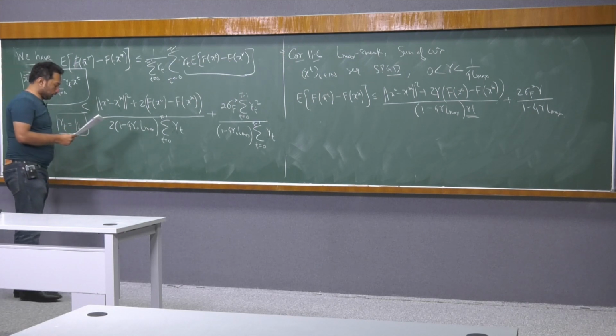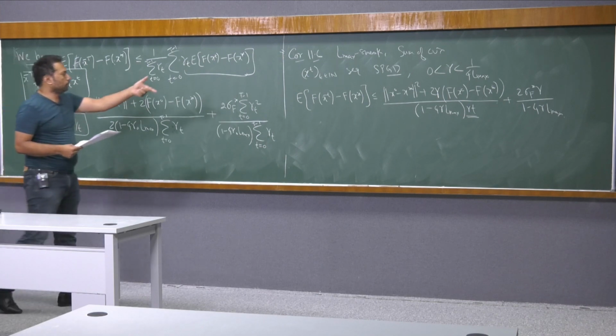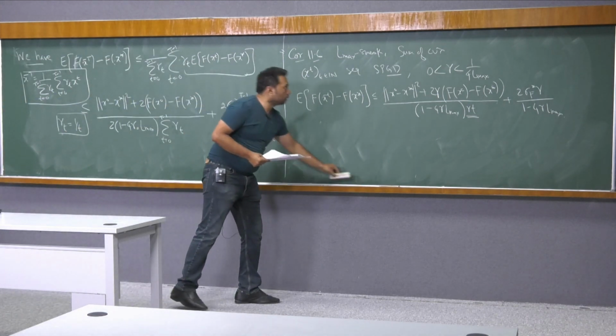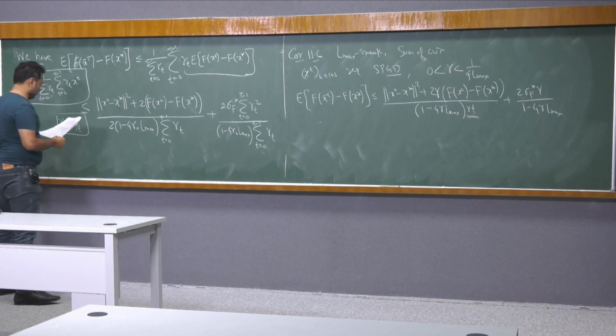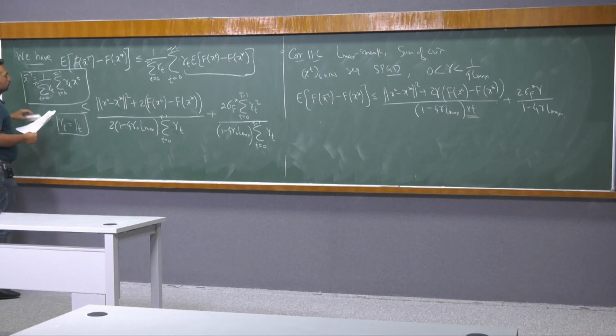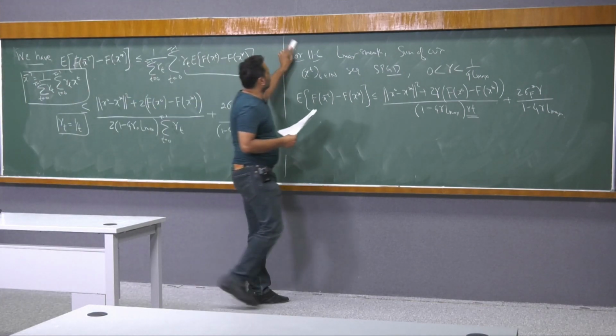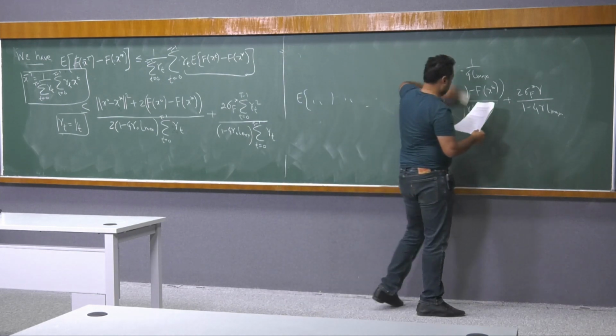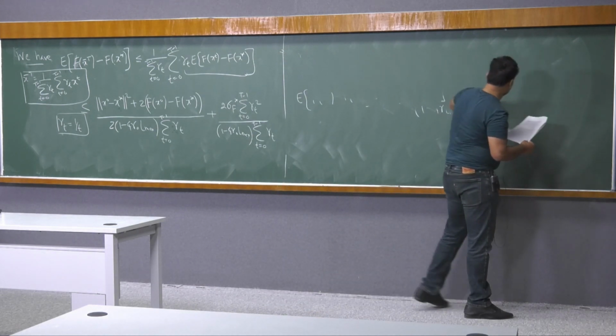Now let us look into a case where we choose some variable gamma t, and let's see if we can improve on this. So we can keep this here. Let us work with corollary 11.7.